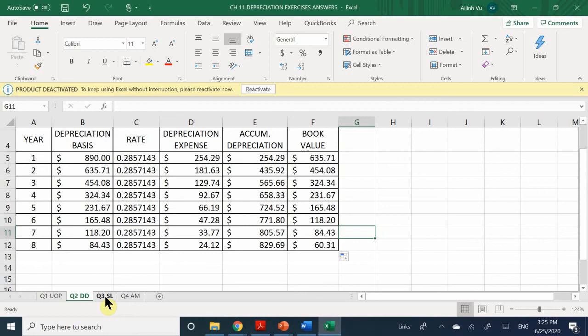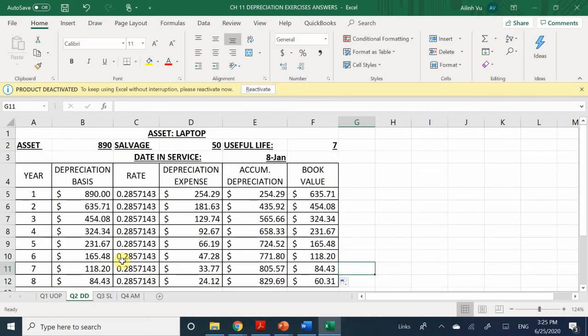Lynn? Yep. Okay, so is this the method? I can't remember. This is the method where the book value cannot go below the salvage value. Is that right? Yeah, for this one, yes.